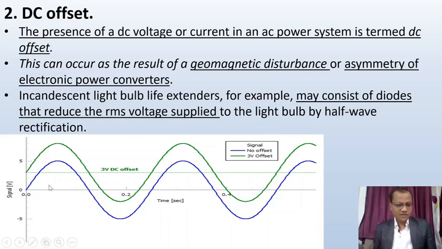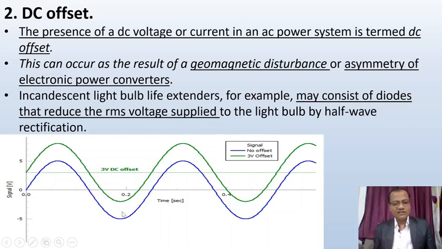And what is that shift? As we observe here, in this positive part the 3 volt DC voltage supply is added to the actual sinusoidal waveform, and that's why there is an addition. But in the negative half cycle, this DC offset of 3 volts is positive and the cycle is negative, so obviously the actual sinusoidal voltage becomes slightly less, or you can say it is subtracted from the actual negative waveform.